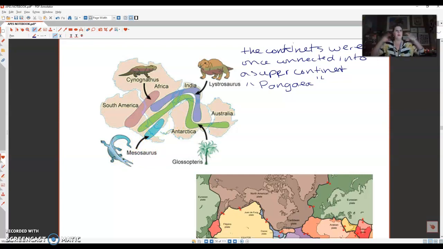Okay, right now, that's two different sides of the planet, but they were closely connected when Pangaea was around. Okay, so when we look at these continents, we know that they sit on what we call plates. Okay, so each continent sits on its own plate.